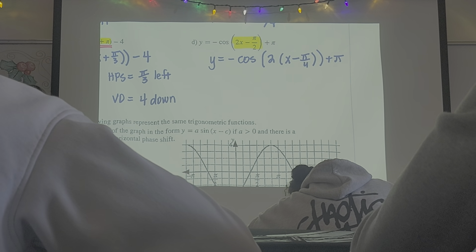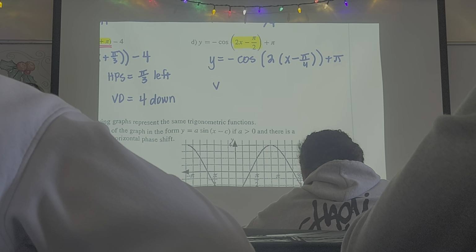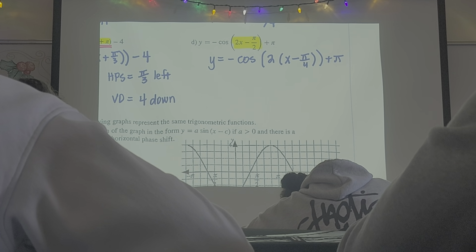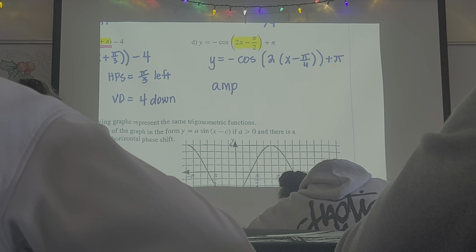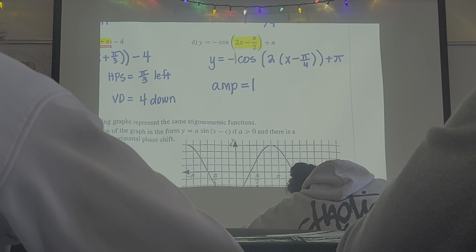What's our amplitude? 1, pretend 1 in the front.